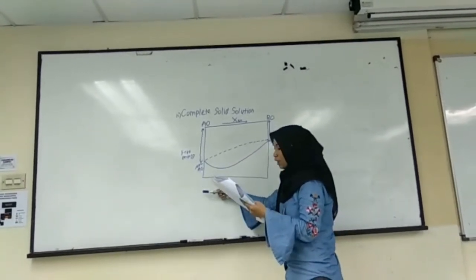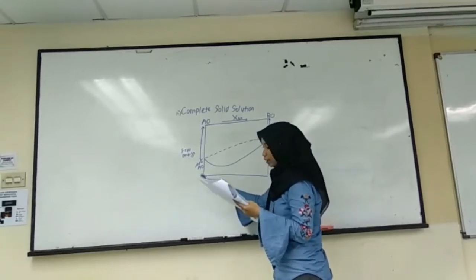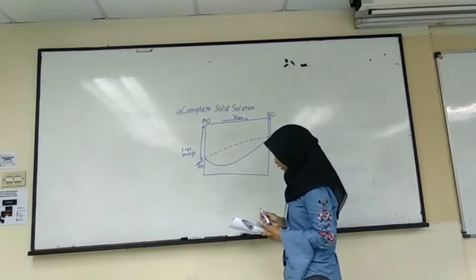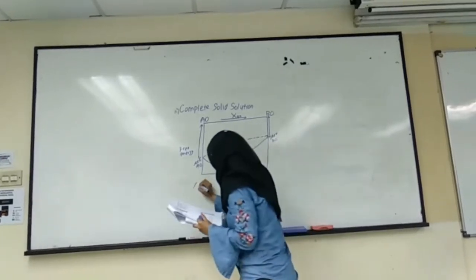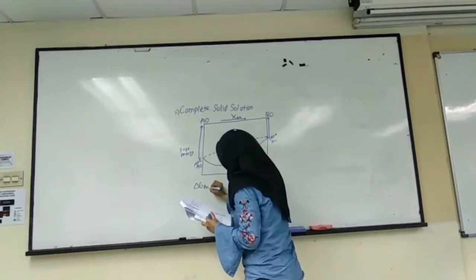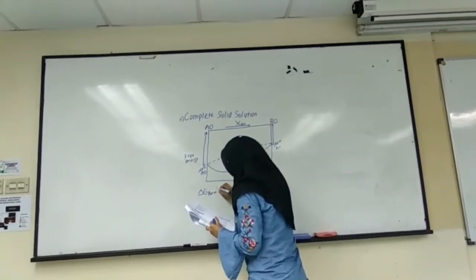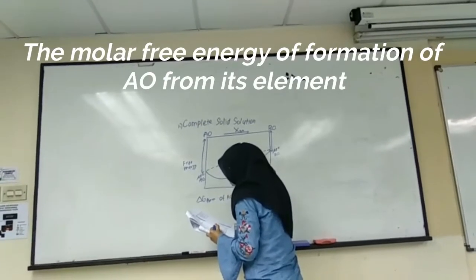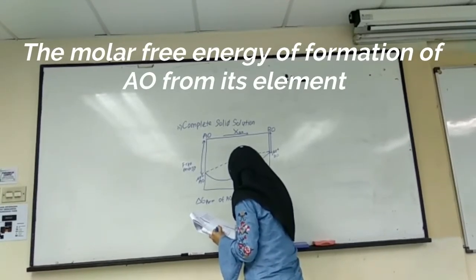Mu not AO is the molar free energy of formation, G form, of AO from its elements.